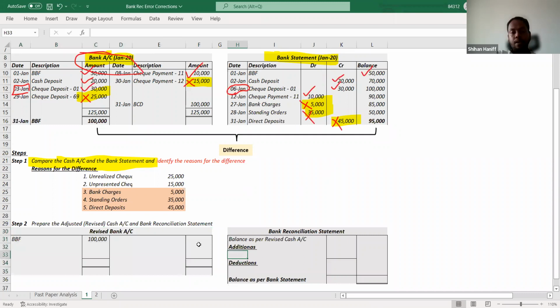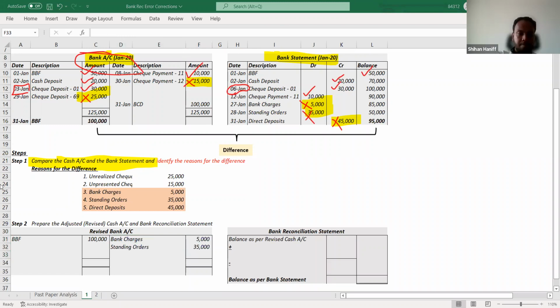Okay. So let's record these transactions. Bank charges is a payment, minus. Standing order is also minus, or credit, 35,000.